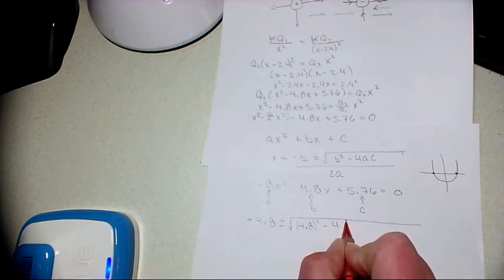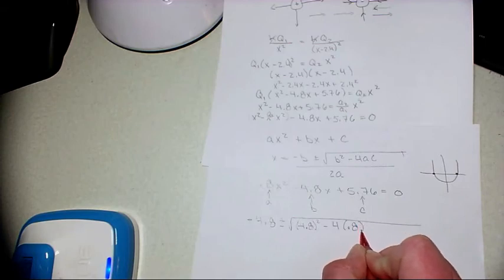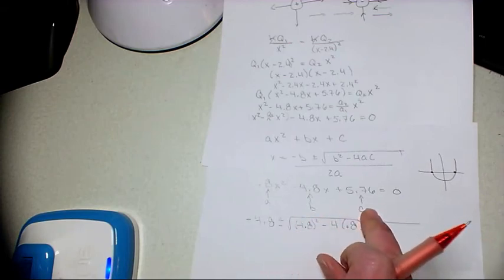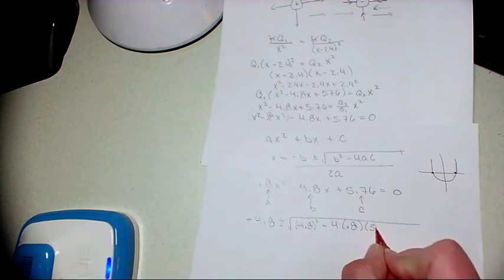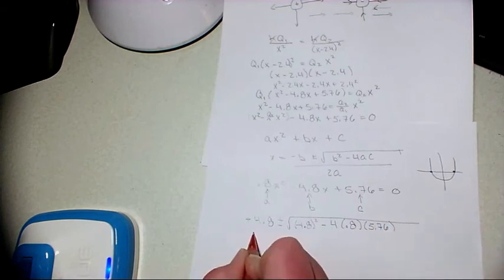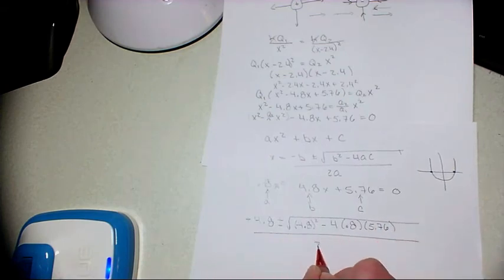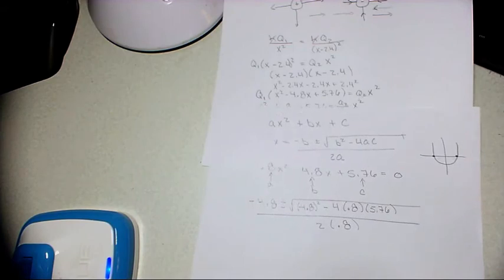Times 4 times a, which is the 0.8. Now we're not squaring anything, so if we have a negative that needs to be included here, times 5.76. So A and C are both positive, so that subtraction stays. Divided by 2 times A. And again, A is positive, so that stays. And now we put all of that into our handy-dandy calculators.